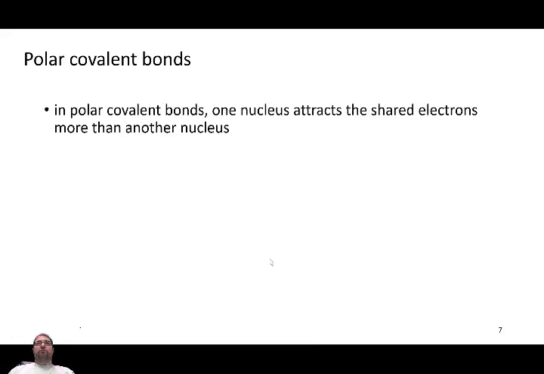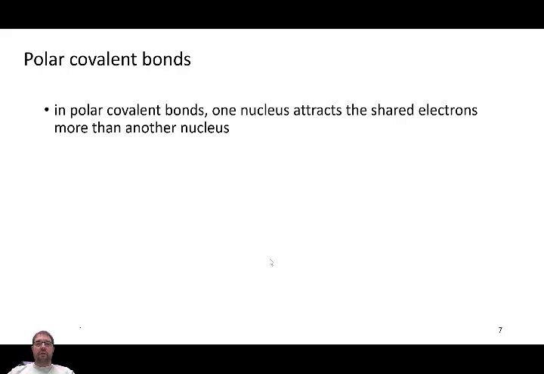Now, like I stated at the beginning, not all covalent bonds are equal. Some covalent bonds are what we call polar, and that's when one nucleus, remember, the center of the atom, comprised of protons and neutrons, attracts shared electrons more.